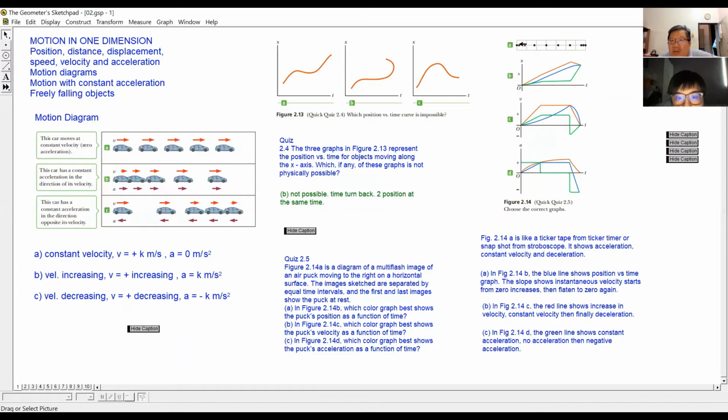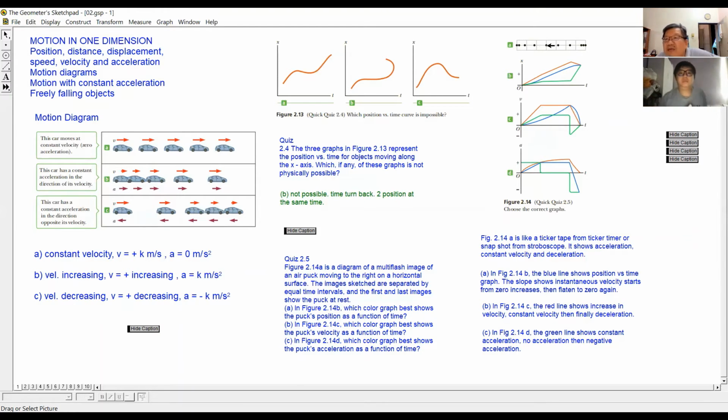So from your knowledge, over here, by looking at the spacing, can you describe the motion? These dots are actually the different positions of an object. At first you see the dots very close together, then they become further and further apart.